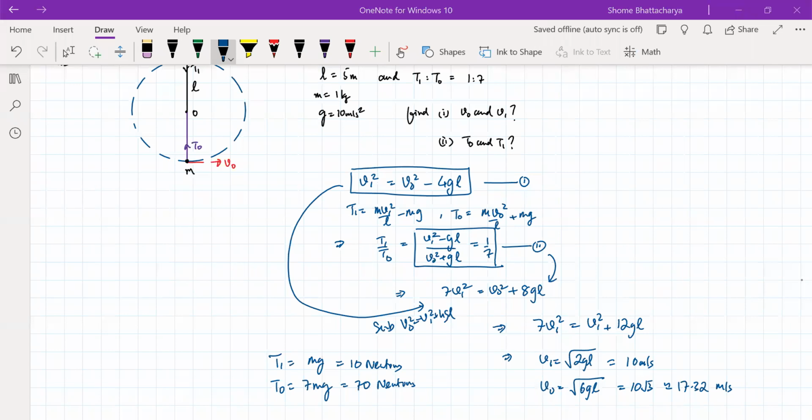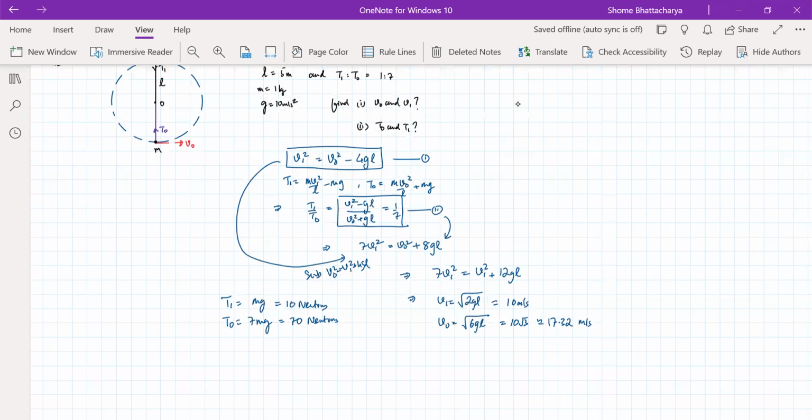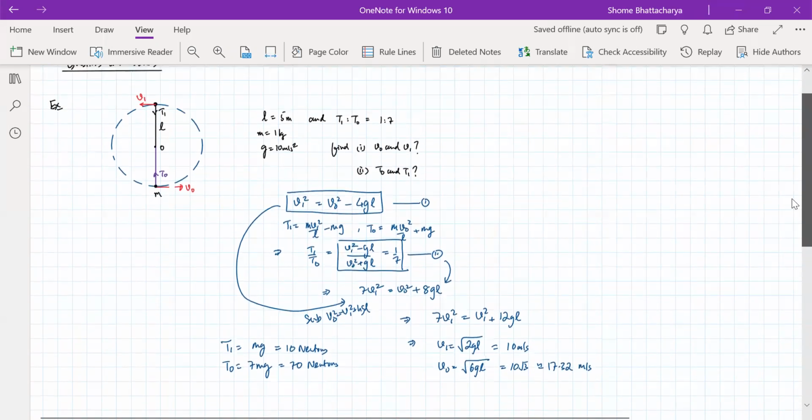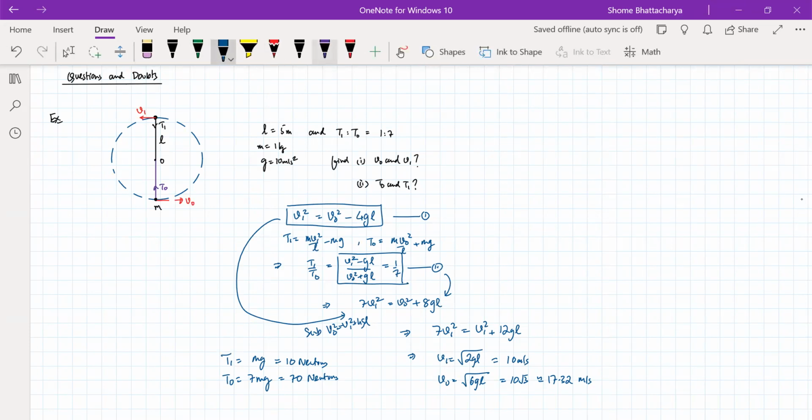Okay, so this is a standard format type of question, nothing very difficult. So this equation is coming from conservation of energy.